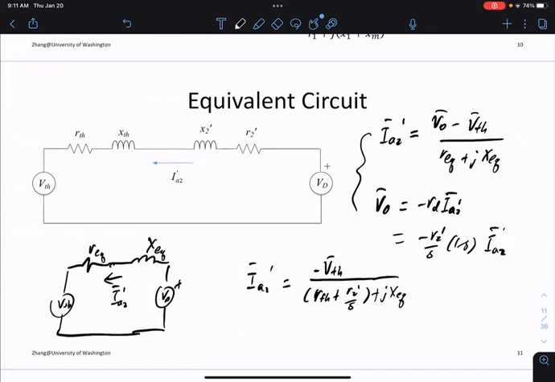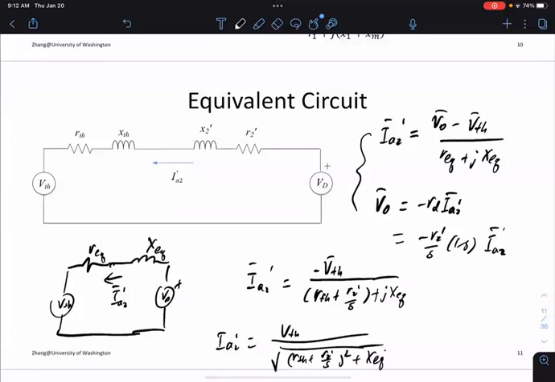And then the magnitude of the current is the magnitude of this complex number, VTH. So this is the magnitude of the Thevenin equivalent voltage over the square root of RTH plus R2 prime over S squared plus XEQ squared.